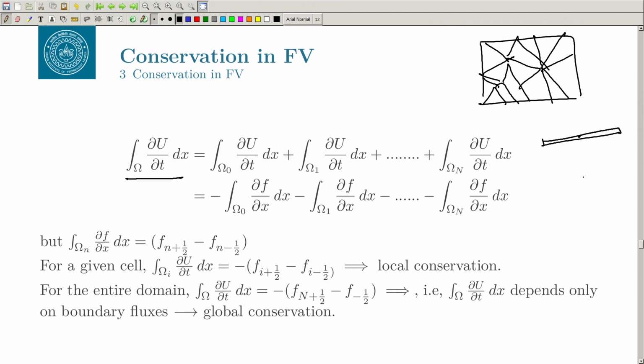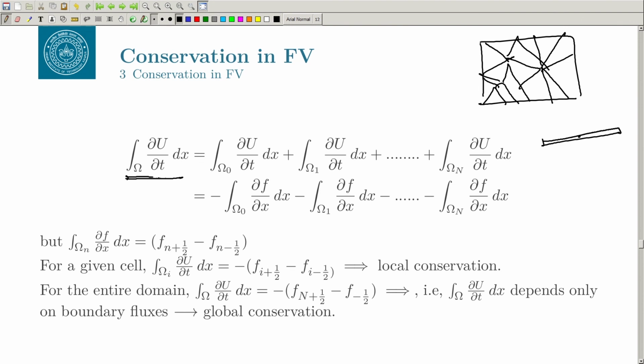Of course, in one direction the variation is very high, so this kind of cell will create problems. There are some considerations when you are trying to make a grid. This kind of cell will have problems in getting convergence, or it may blow up also.